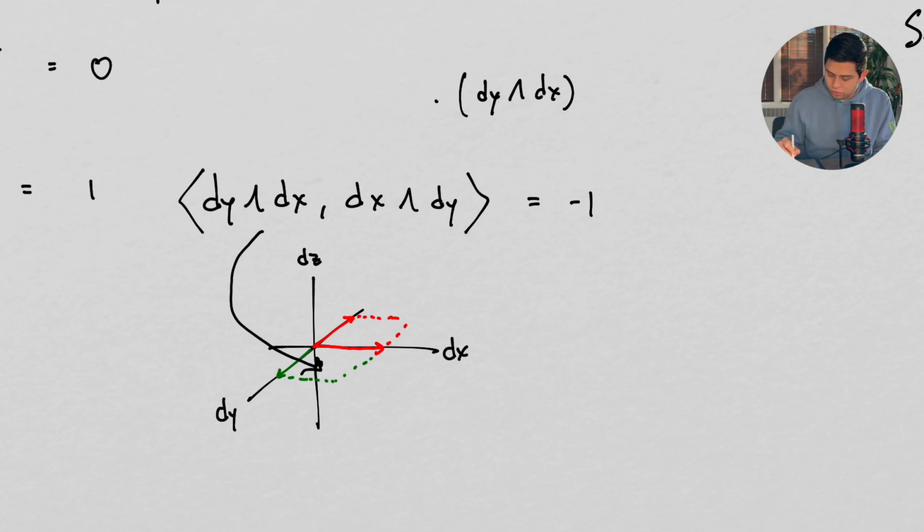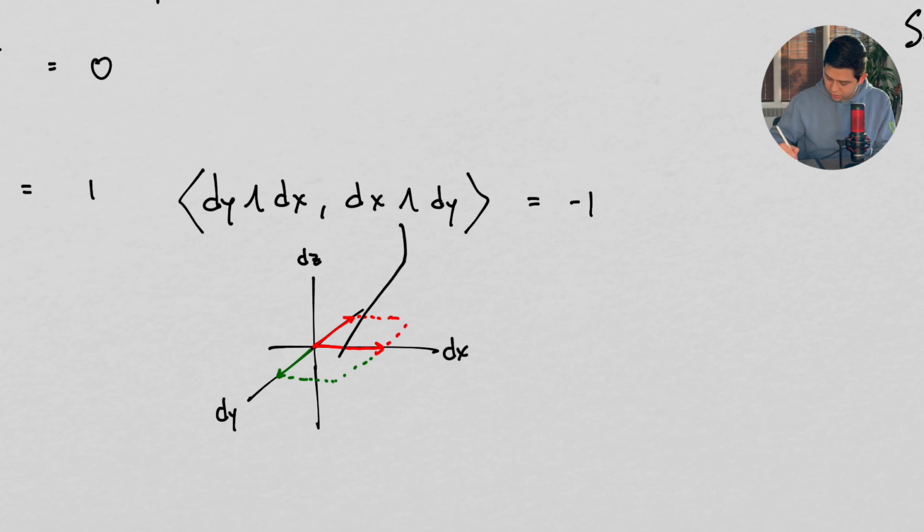This area, dy wedge dx, is one of these areas, and the other one is this one. It depends on how you define negative directions in our frame. I want to do something different here: I'll label this one the green area, and this one the red area.